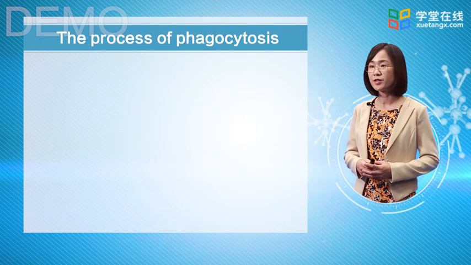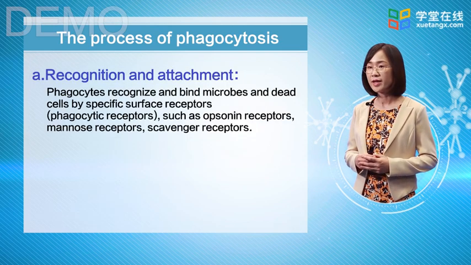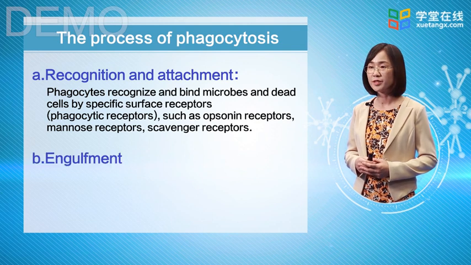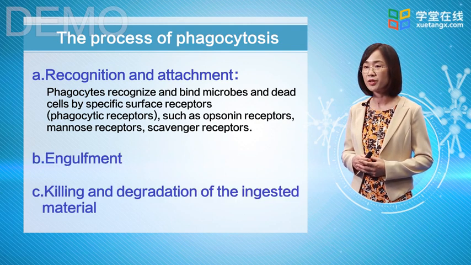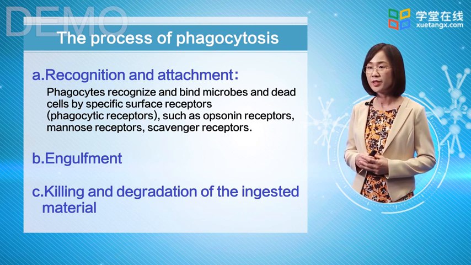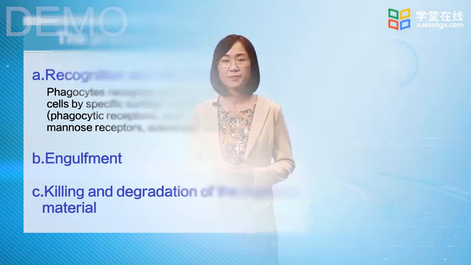Phagocytosis involves three sequential steps, namely recognition and attachment, engulfment, and killing and degradation of the ingested material. These steps are triggered by activation of phagocytes by microbes, necrotic debris, foreign bodies, and various mediators.